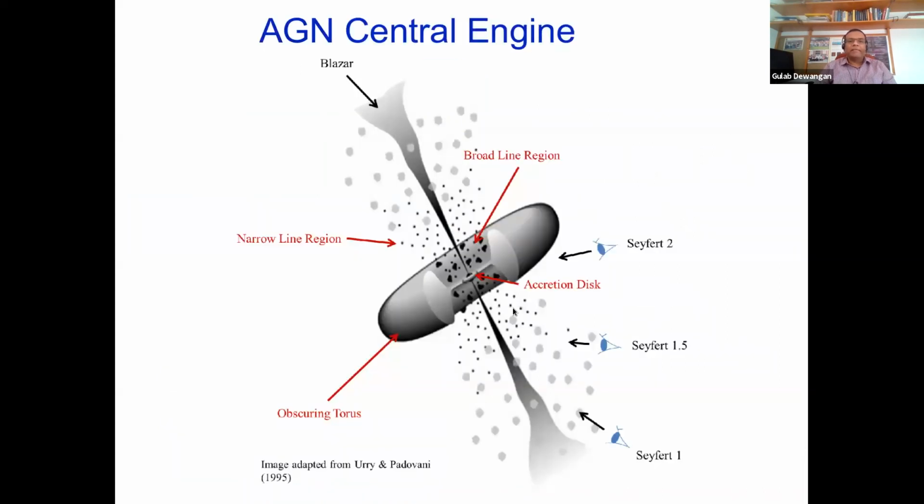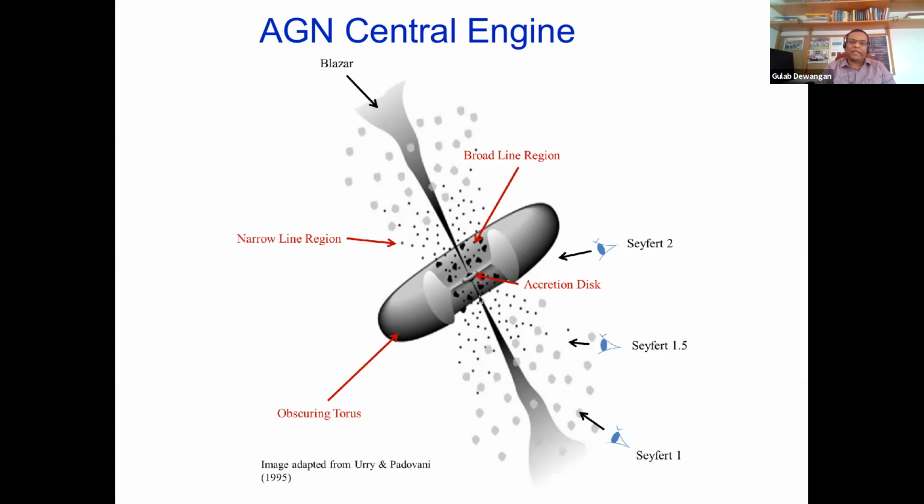When we think of the AGN central engine, AGNs have several different emission components, and this large number of emission components gives rise to a variety of different types of AGNs. I will not go into the details, but to briefly tell you, we have, of course, a supermassive black hole which may be spinning, and that accretes material from the host galaxy and forms an accretion disk.